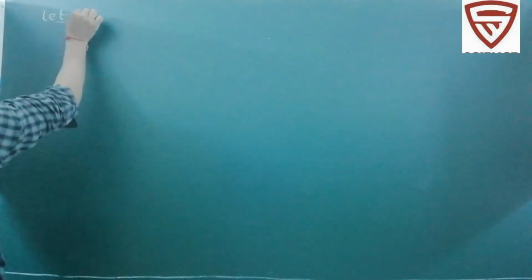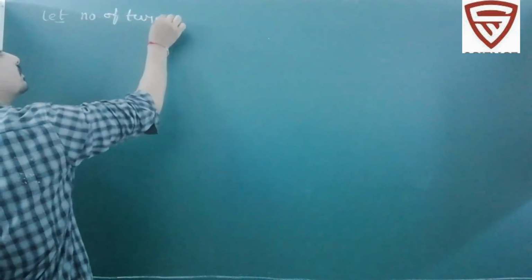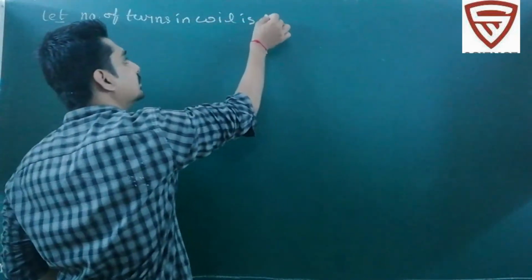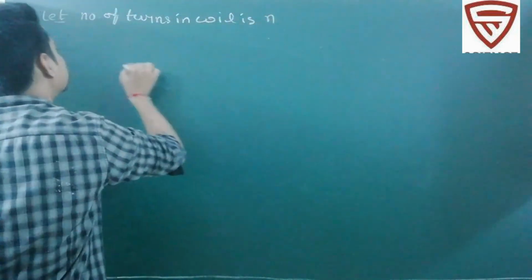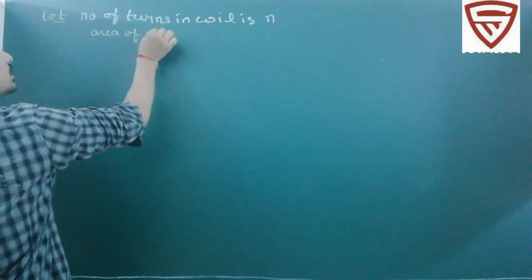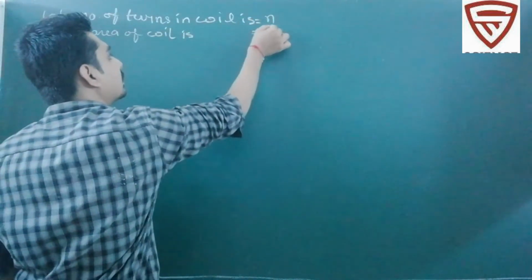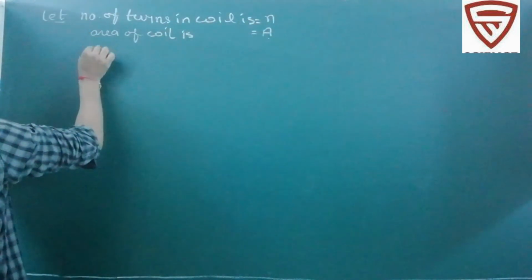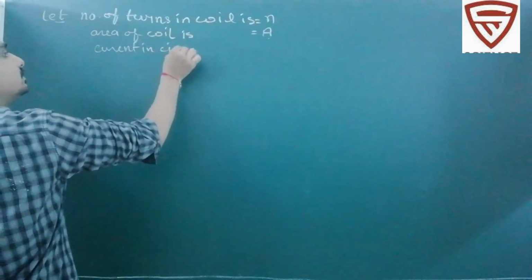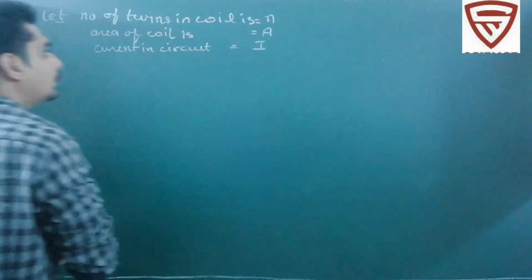Let the number of turns in the coil be small n, the area of the coil be capital A, and the current in the circuit be small I.